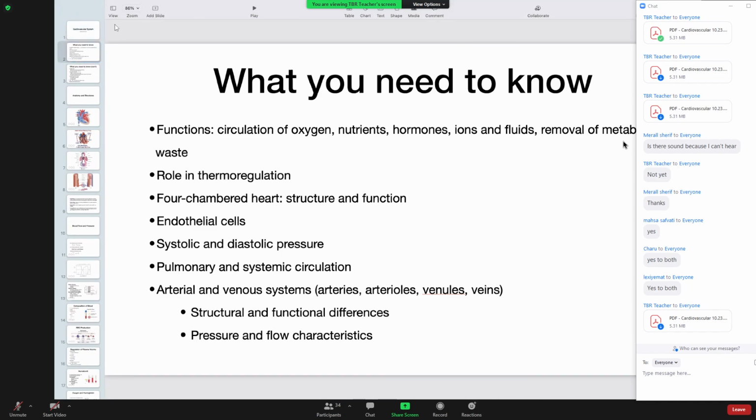We're going to look at its role in thermoregulation, the structure and gross anatomy of the heart, its 4 chambers. We're going to look at the blood vessels, the endothelial cells and the smooth muscle that surrounds them. We're going to look at the pulmonic and systemic circulatory systems, and then their pressures as well: the systolic and diastolic pressures, and we'll talk about how we take that and what it really tells us.